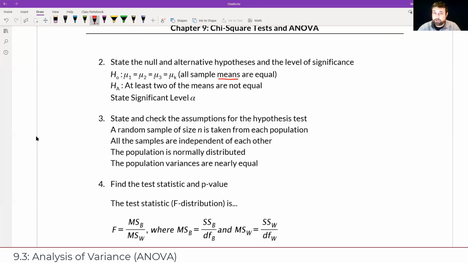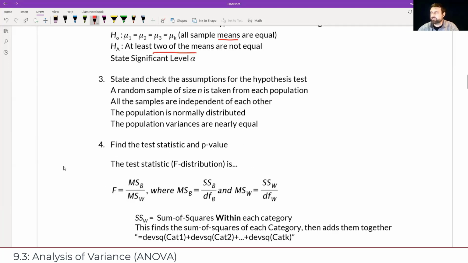If you reject the null hypothesis, then that means at least 2 of the means are not the same, not equal. Okay, so in order to proceed with these calculations, you have to make sure that your samples are random, that they're independent, they're normally distributed, and that the variances are nearly equal. So you want sample sizes that are well behaved, okay?